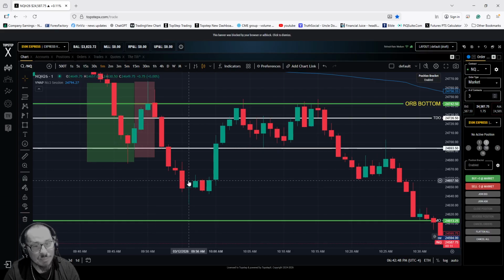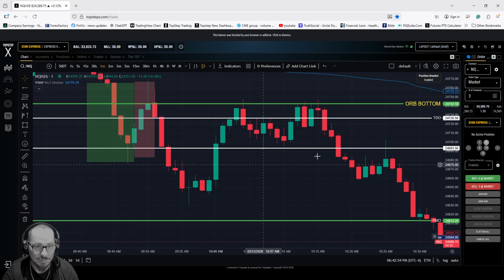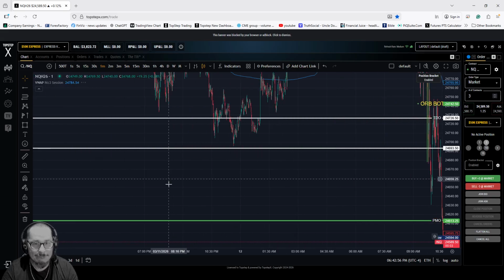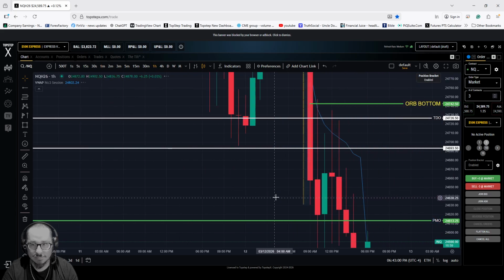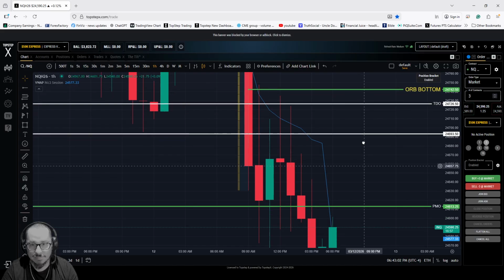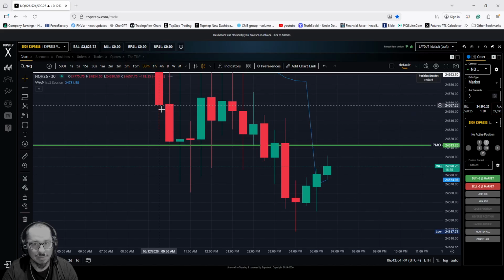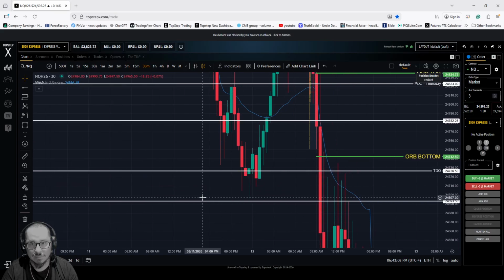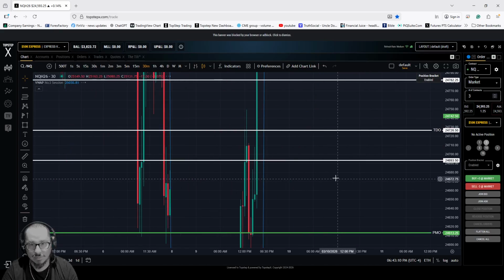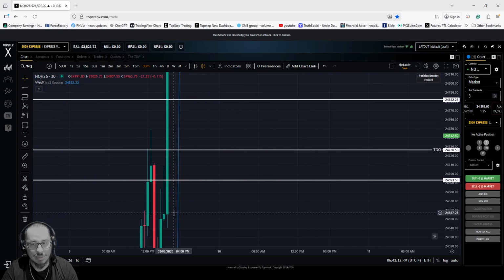Now, once you get to the bottom, you can see how the market starts to react like it's trying to create some sort of support. Why was it trying to create some sort of support? Let's see. Oh, here you go. We had some sort of area of resistance that turned into strong buys.